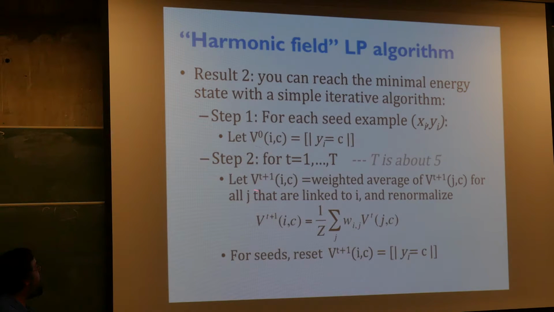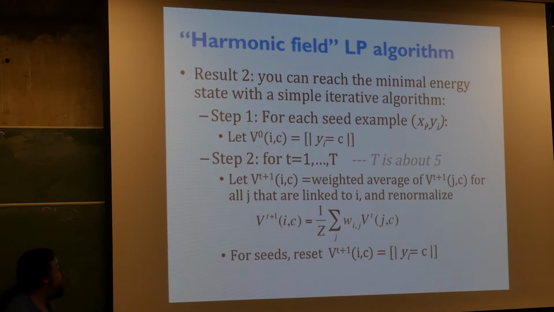And what you do is you construct a new copy of this matrix where each value is the weighted average of its neighbors. And then after you do that, you renormalize. So I guess I shouldn't have made all those non-seeds 0. I should have made them uniform probability or something. So we'll renormalize this, and then we'll repeat. But before I repeat, I'm going to reset all the seeds to their known value.